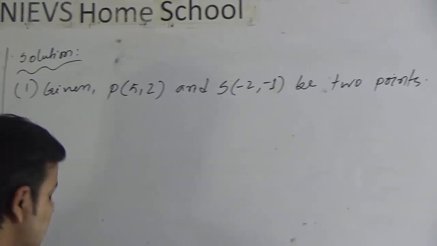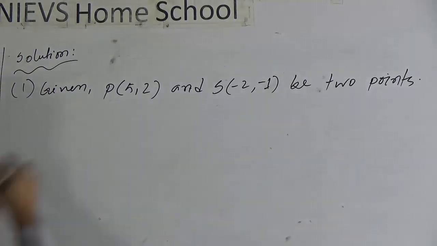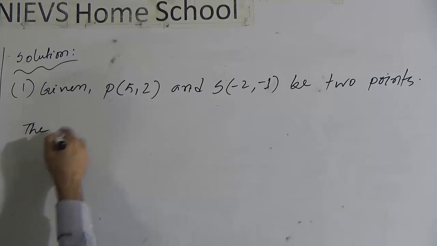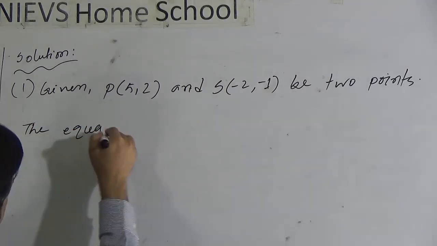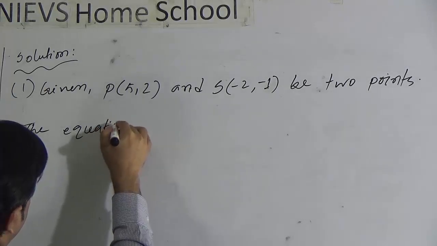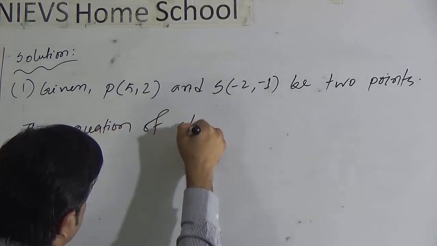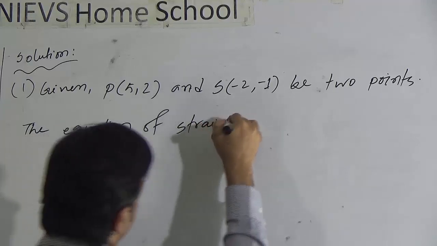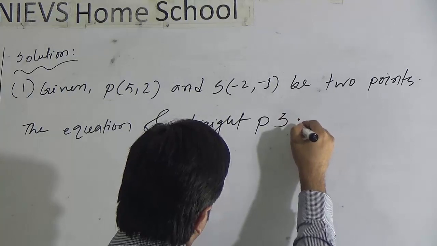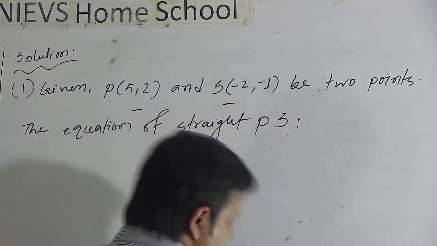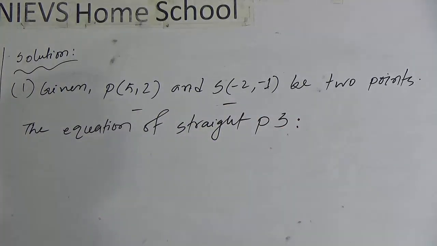So we can write here the equation of straight line PS. Dear students, 2 points P and S are given. We need to determine the equation of straight line. How can we determine the equation?